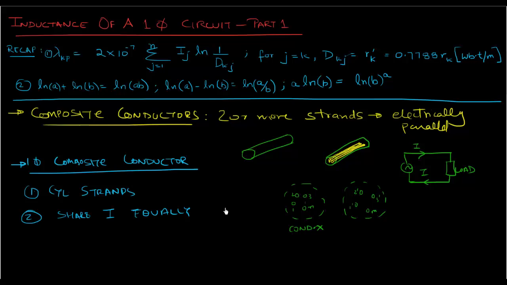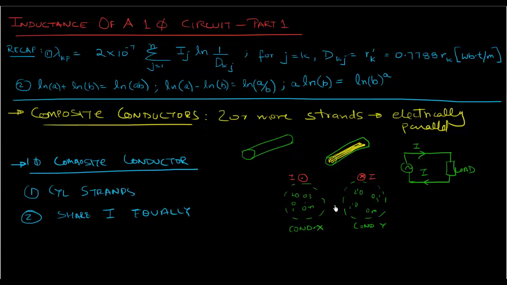The only thing is, in this conductor, all the N strands share the current equally, and in this all the M strands share the current equally. So let's say the current in this is going in one direction, the current in this would be coming out in another direction. So this is conductor X, this is conductor Y.